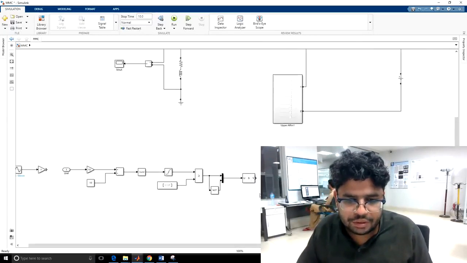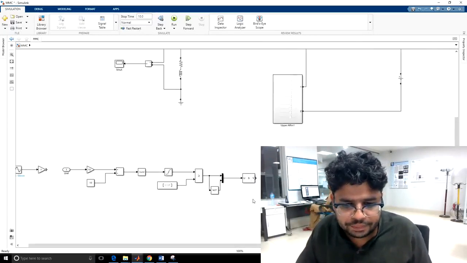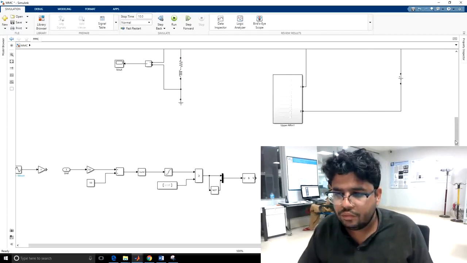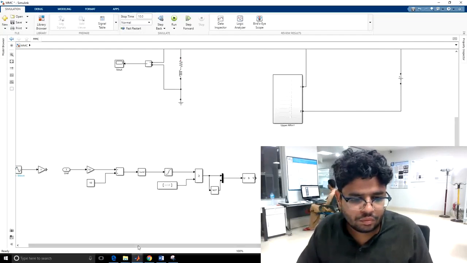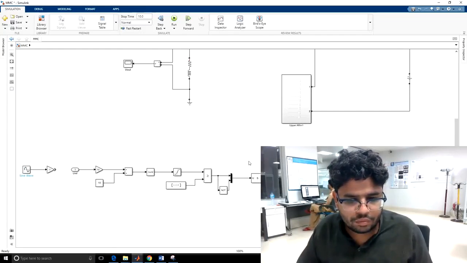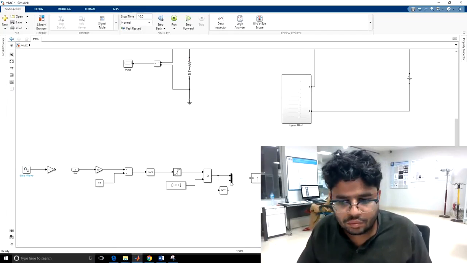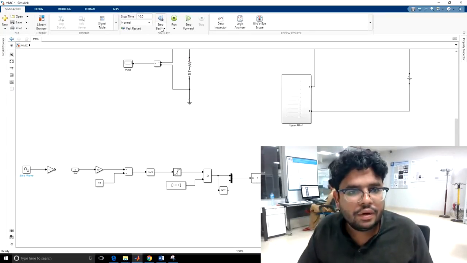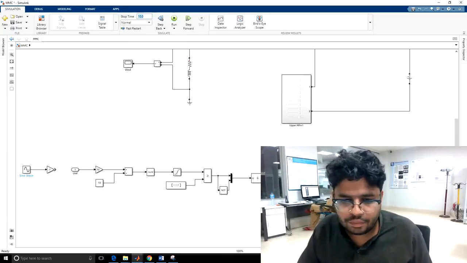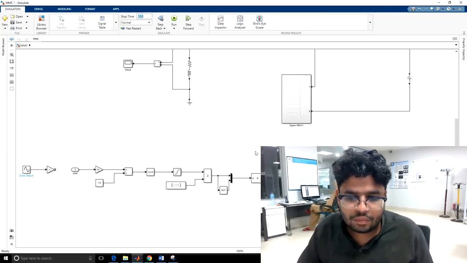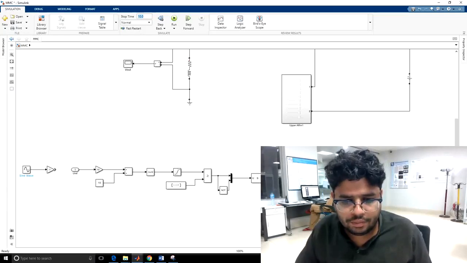So let's troubleshoot here. It is hanging for a little bit. The PC is not working.